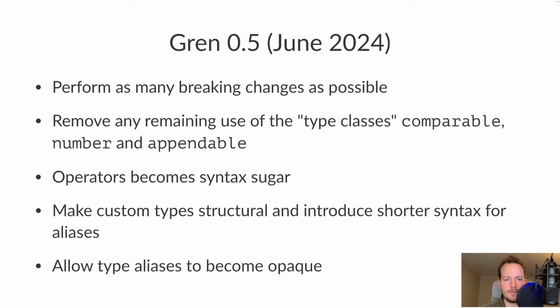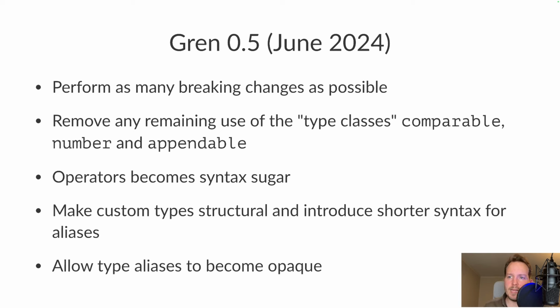Now looking ahead to June 2024, that's the ideal time to release Gren 05. The interesting thing about Gren 05 is that the goal is to make as many breaking changes as I possibly can. The idea behind this is that from Gren 05 and out, the point is to stabilize the language.